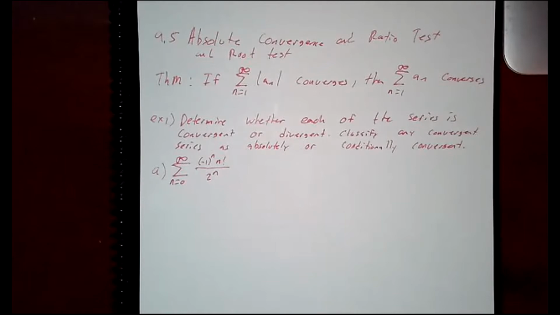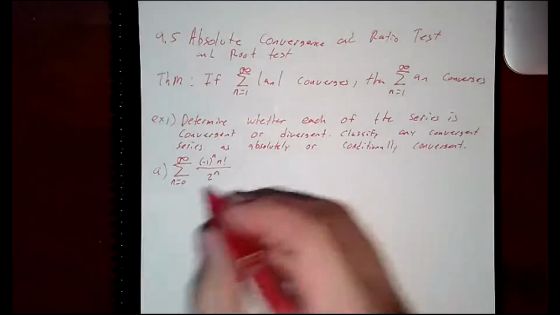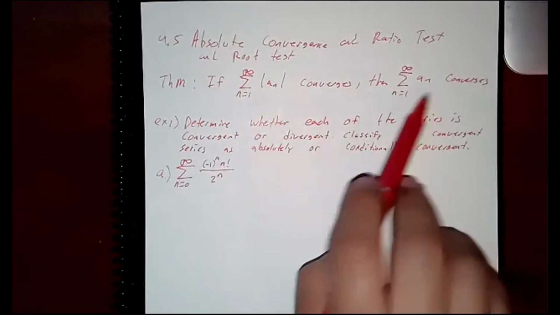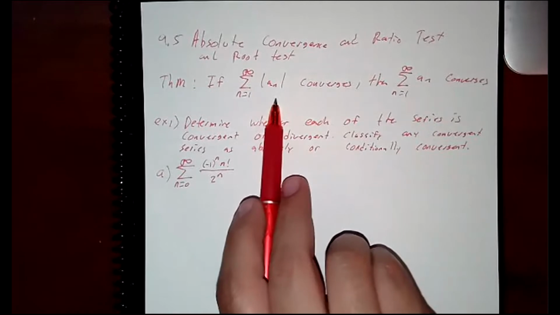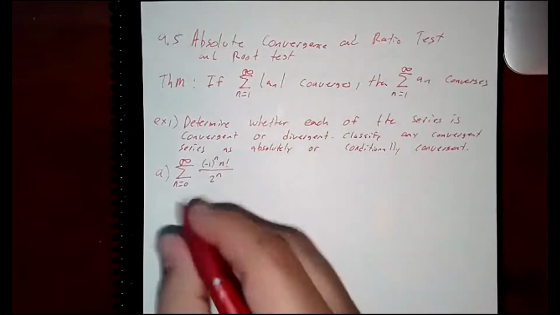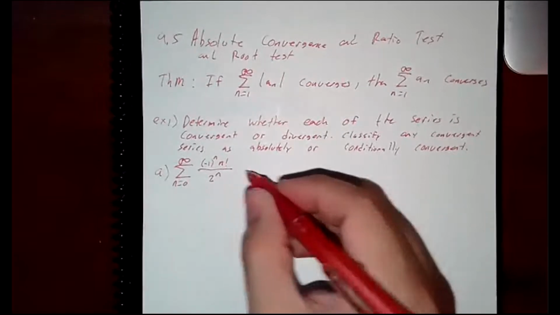All right, so does this converge absolutely or conditionally, or does it diverge? So what you do is take the absolute value and check if this converges, because then we can say, okay, so does the alternating piece.